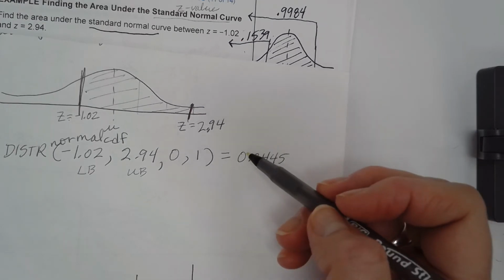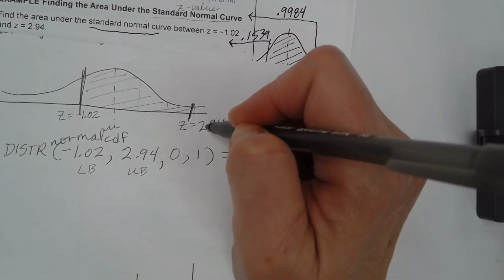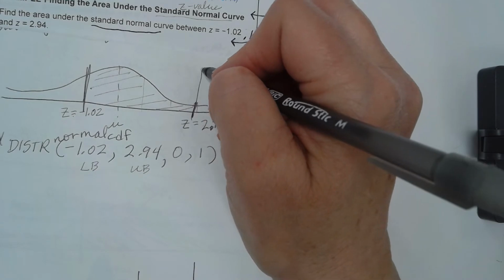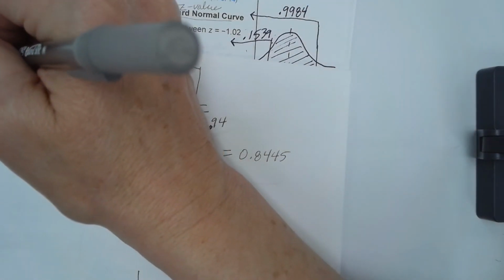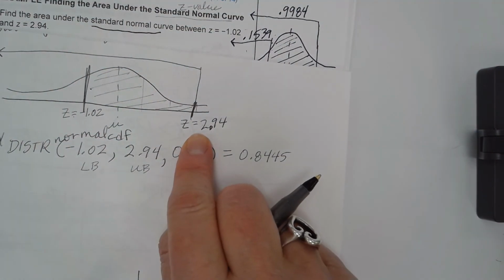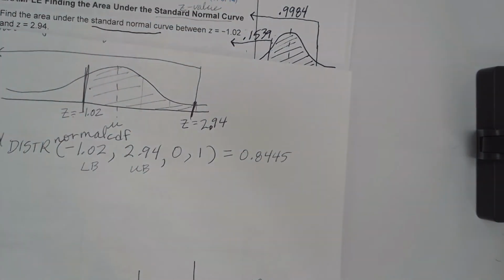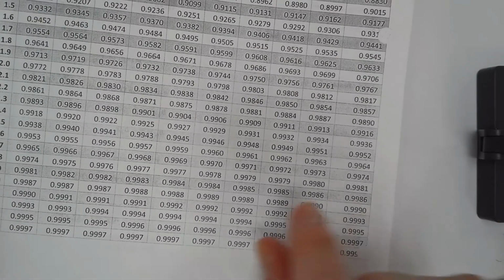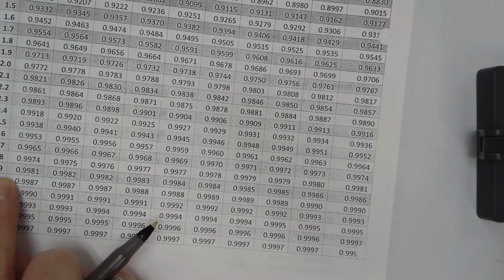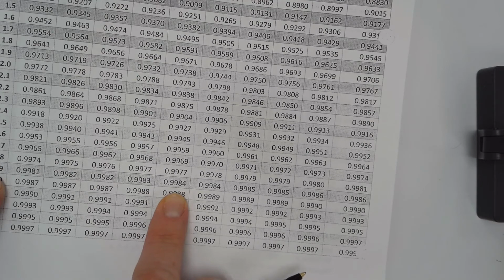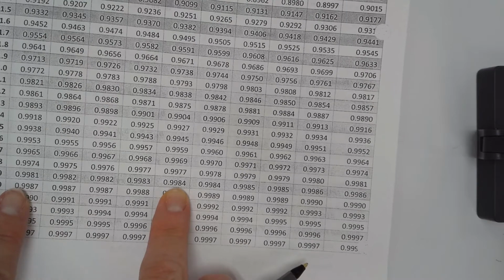If you want to use the table, you would look up z equals 2.94. That's going to give you the area all the way to the left from that, including all of this. So 2.94: look it up on your table, 2.9, and then go over to the column of 0.04. What do you get there? 0.9984.